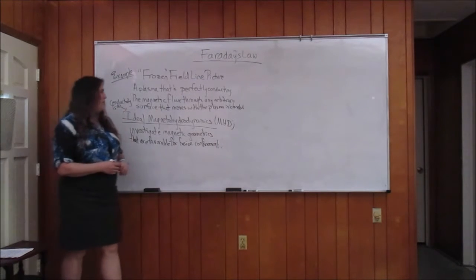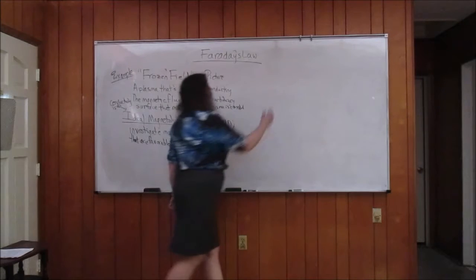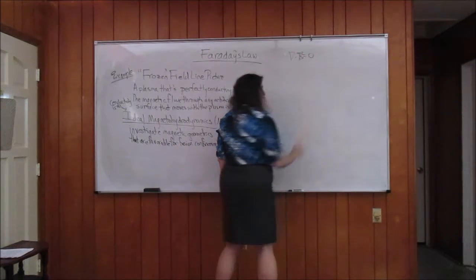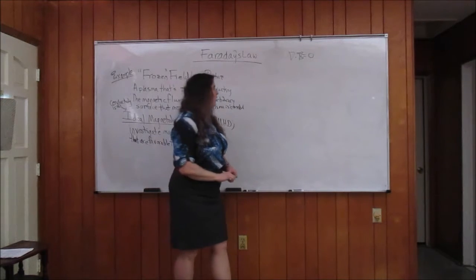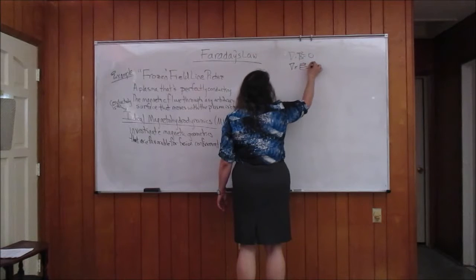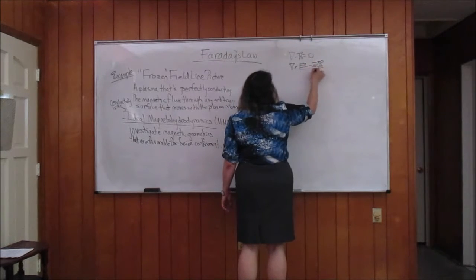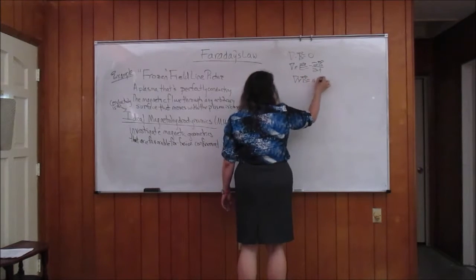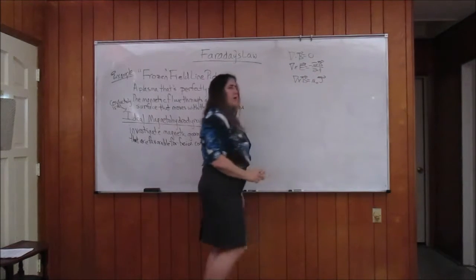So what does the ideal MHD model look like? Well, these first equations will look familiar. Of course, you have the magnetic field is divergence free. We also have Faraday's law. And we have Ampere's law.